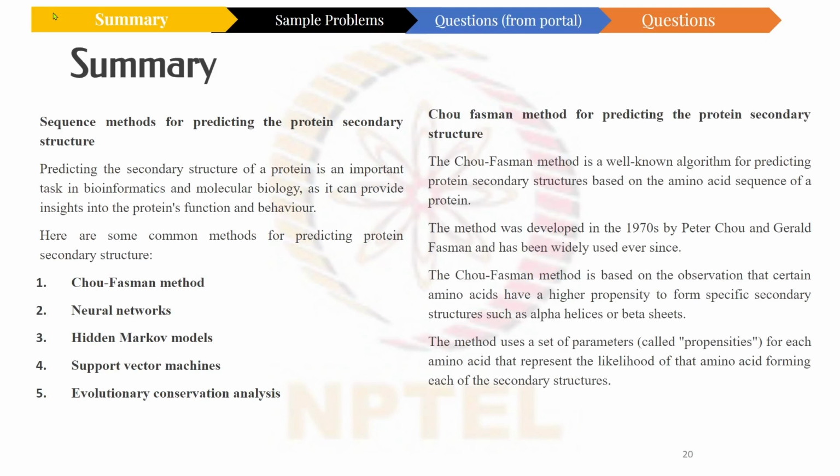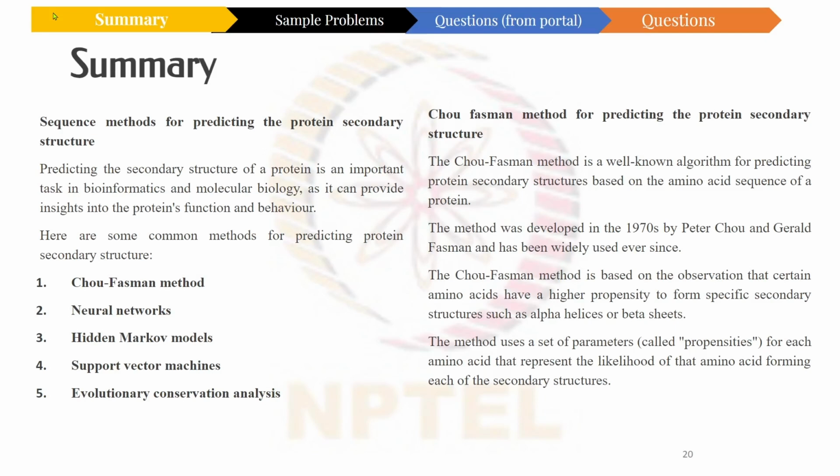It uses the amino acid sequence of a protein to determine the probability of each residue being in an alpha helix, beta sheet, or random coil. This method was developed by Peter Chou and Gerald Fasman in the 1970s, and it is based on the observation that certain amino acids tend to occur more frequently in particular secondary structures.